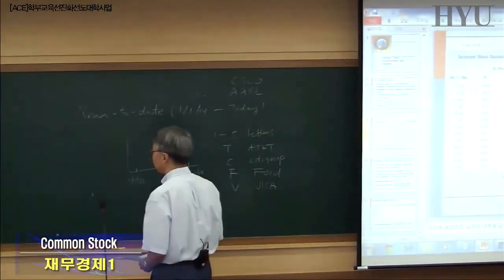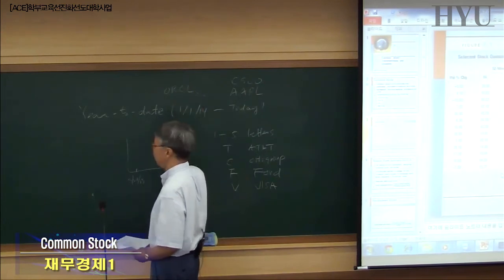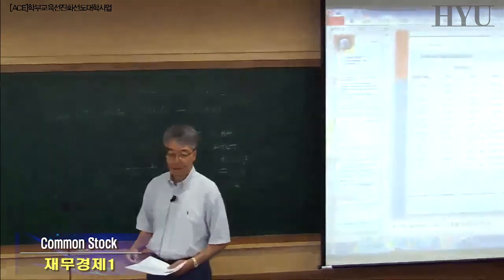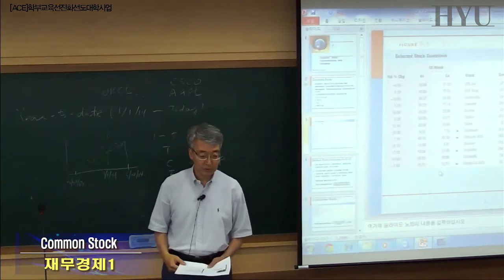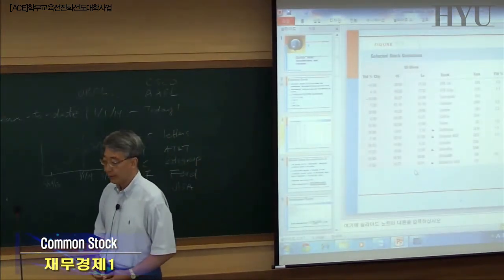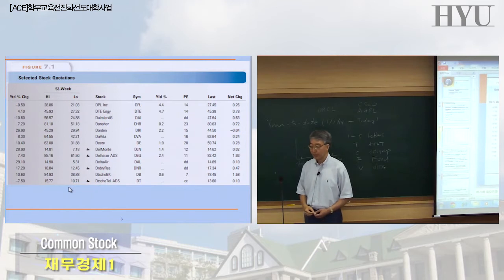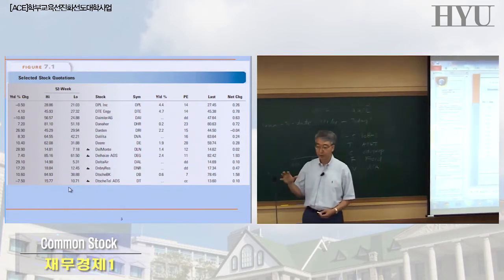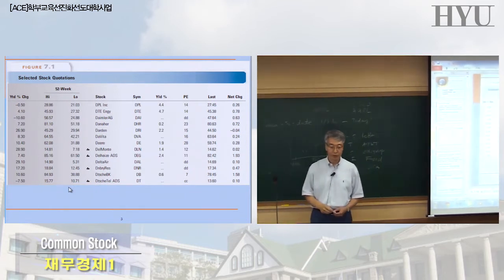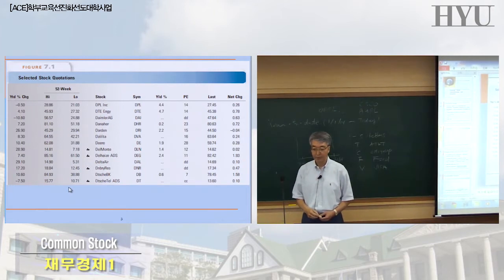But there are some interesting cases like ORCL. Yes, Oracle Corporation. Oracle Corporation makes the software, the database software. Okay? It's a very powerful database management software. And basically all the large corporations use Oracle database to manage the stock, inventory. Okay?